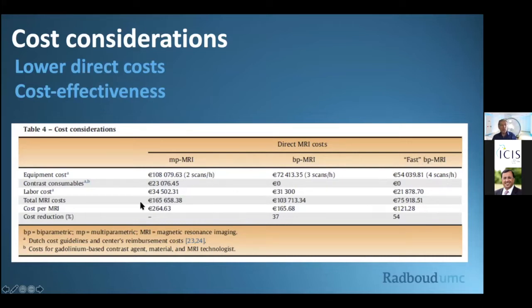You can see that there is a significant cost reduction per MRI from 264 euros to 165 and to 121. This is the Dutch situation. And also there is an increased quality of life for all the 3 techniques as compared to thrust biopsy.